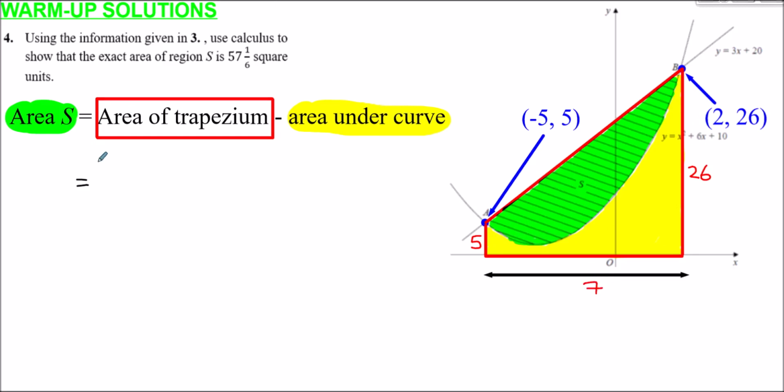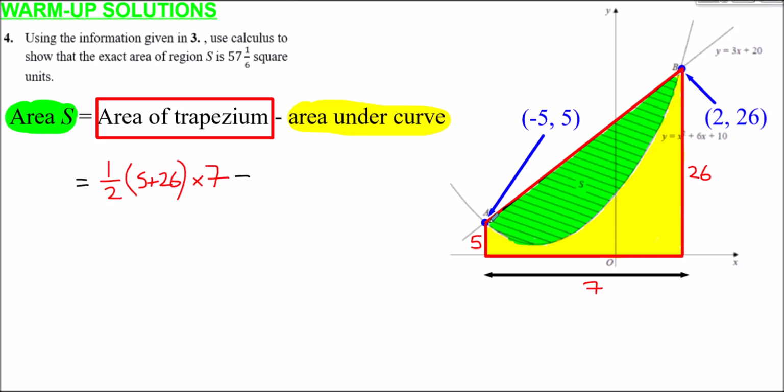So for a trapezium, the area is half of the two parallel sides added together, so it's half of 5 plus 26 multiplied by the perpendicular distance between the two parallel sides, so we multiply it by 7, and then we subtract the area underneath this curve.